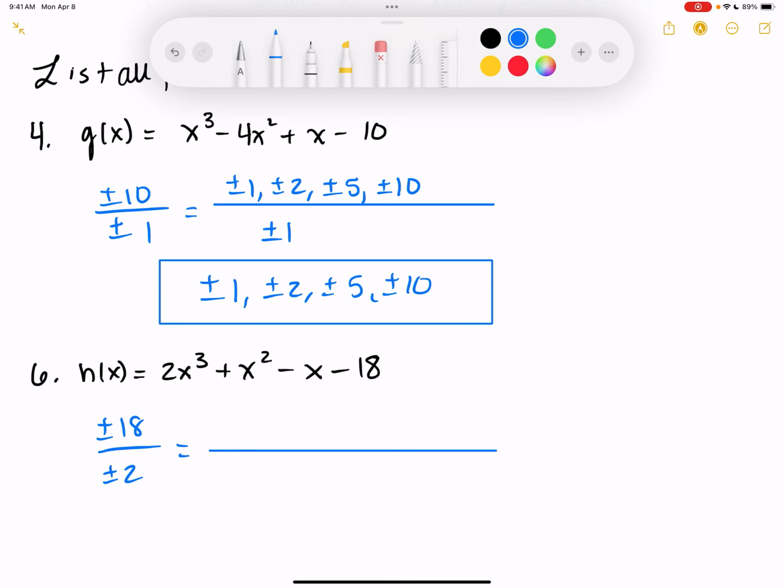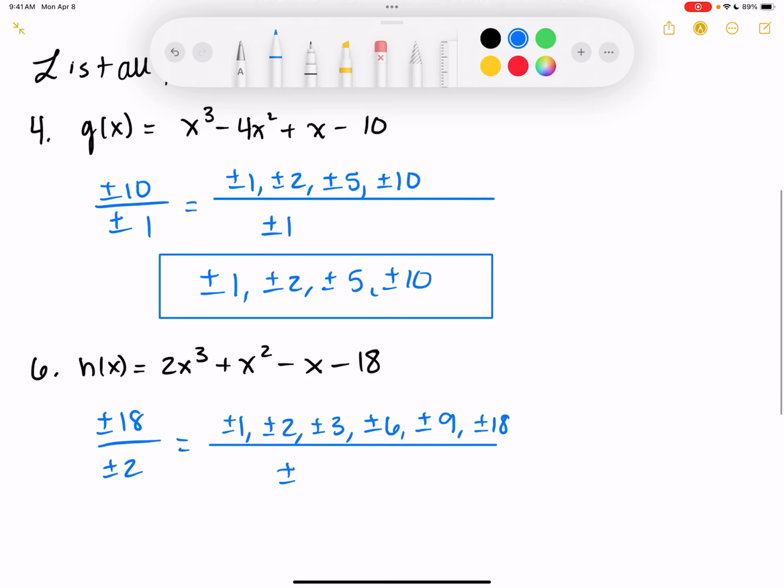And I'm going to list out all of the factors of 18 in order, so plus or minus 1, plus or minus 2, plus or minus 3, plus or minus 6, plus or minus 9, and plus or minus 18. Then on the bottom, I have a 2 this time, so it's plus or minus 1 and plus or minus 2.